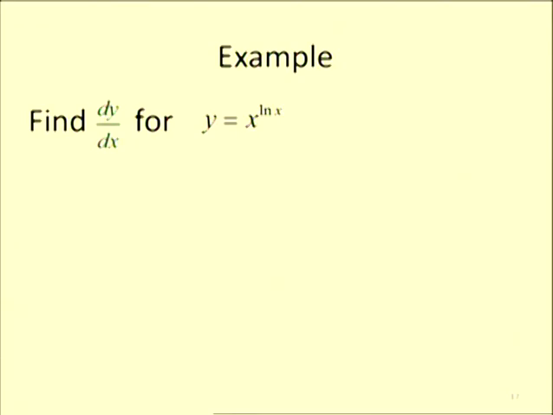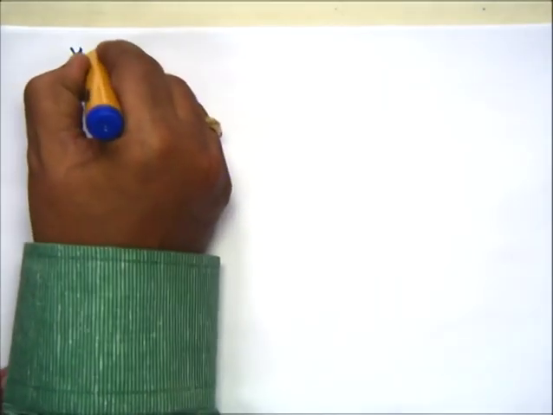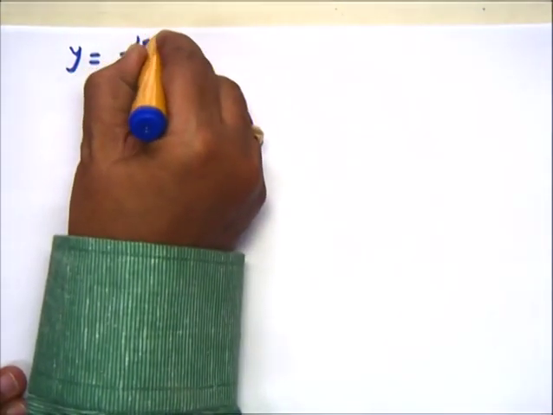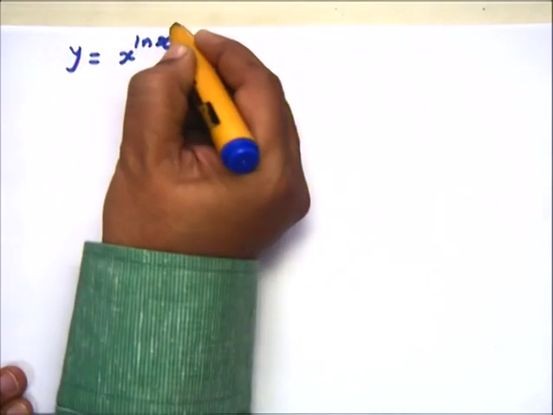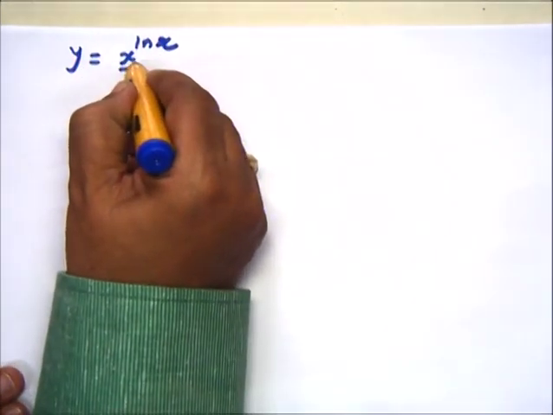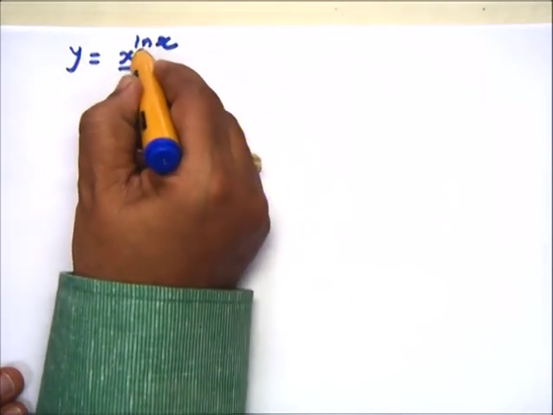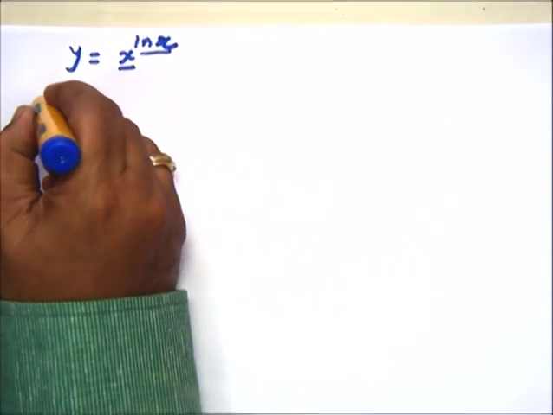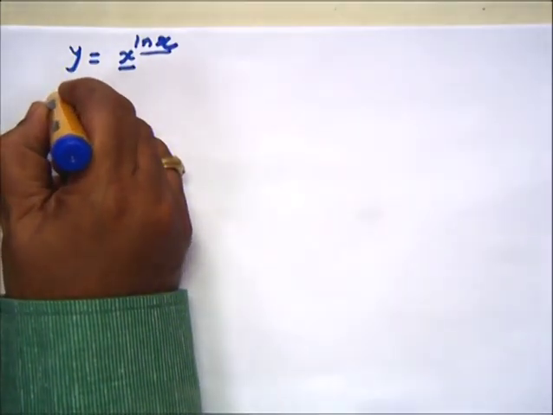So here, to differentiate this function, let us use logarithmic differentiation. Y is equal to x raised to log x. Here x is a base which is a function of x, and log x is also a function of x. So we use logarithmic differentiation.